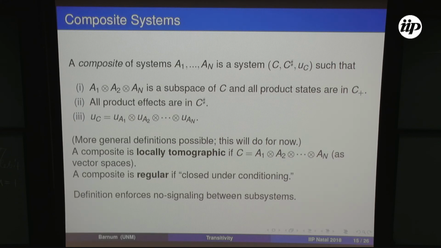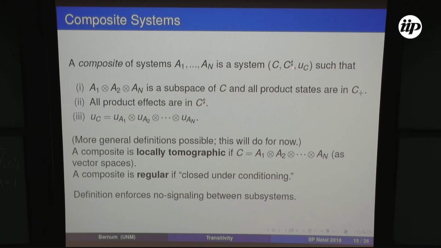So I'm just going to go over one motivation, which was this business of steering. So we've got composite systems. It's just another system such that the tensor product of real vector spaces is a subspace of the ambient space, and all the product states are in the positive cone of this system. All product effects are in the dual cone.